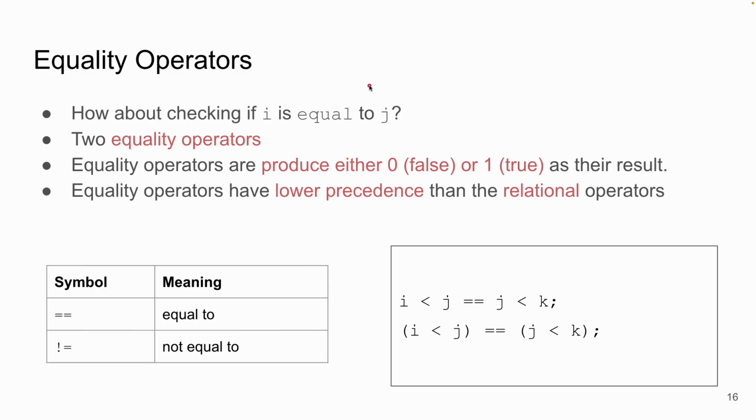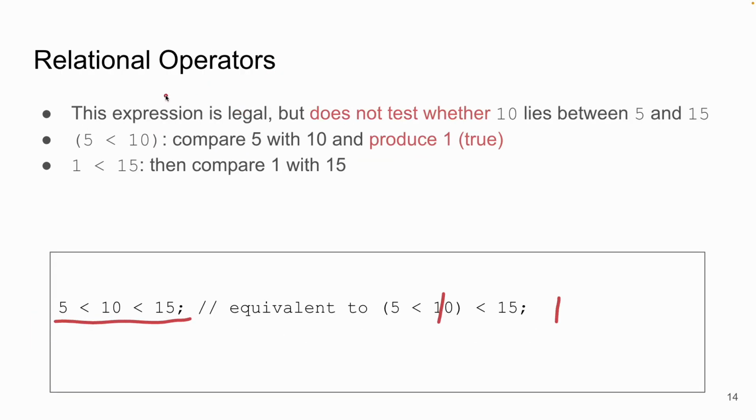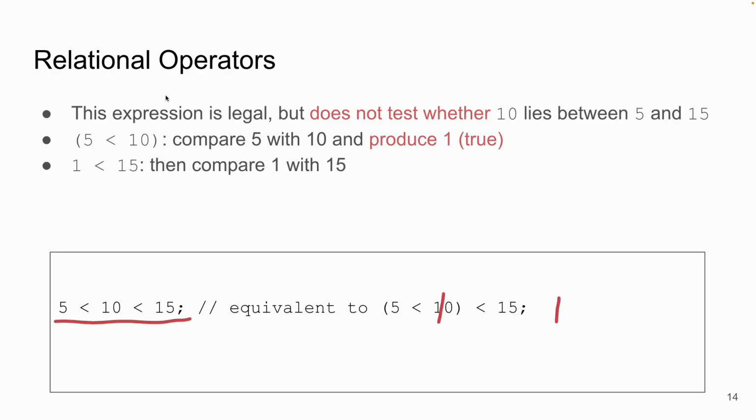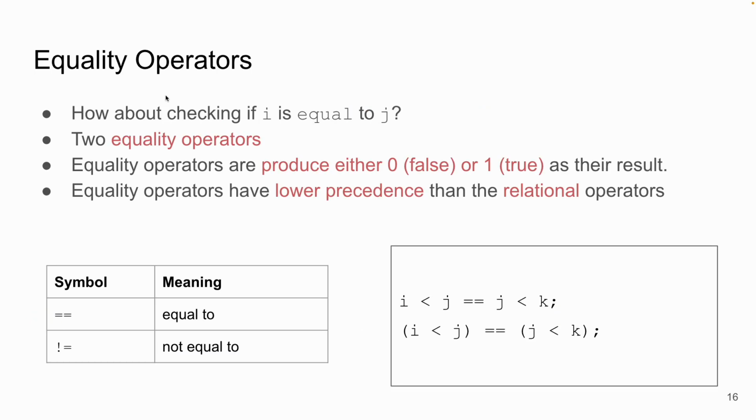But before that, let me introduce the equality operators first. We can use the relational operators to check whether one value is larger than or smaller than another value. How about checking if one value is equal to another value? To do that, we need to use the equality operators.